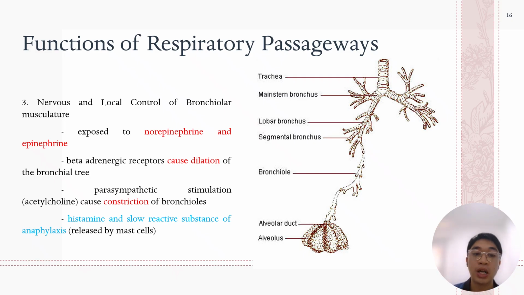All right. So beta adrenergic receptors are responsible for causing dilation of our bronchial tree. However, parasympathetic stimulation does the opposite. A parasympathetic stimulation, such as the molecule acetylcholine, will instead cause constriction of our bronchioles.